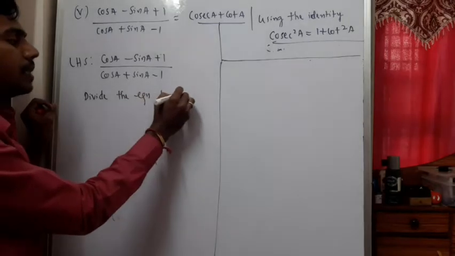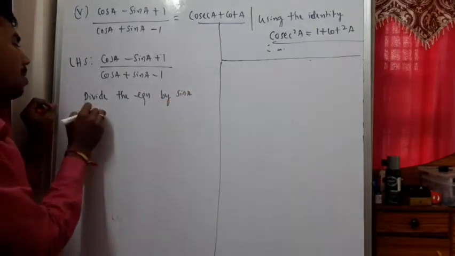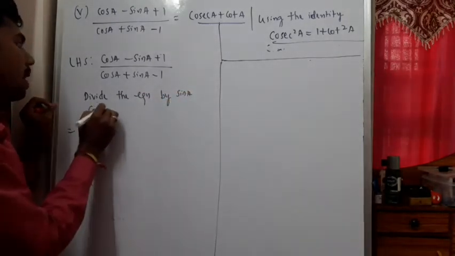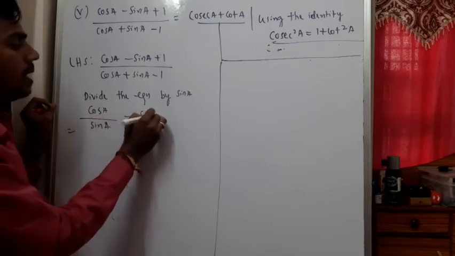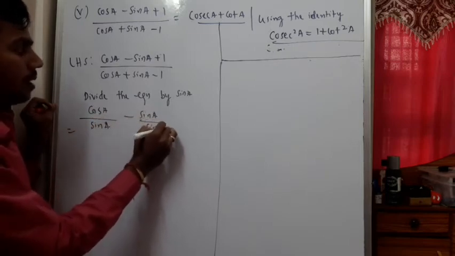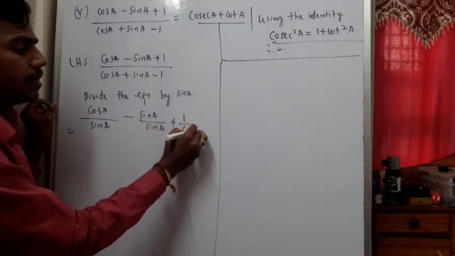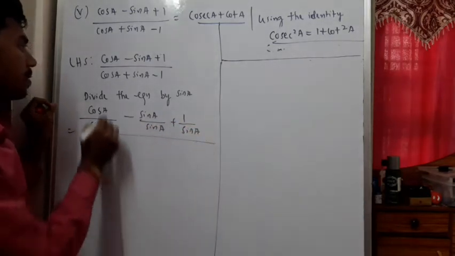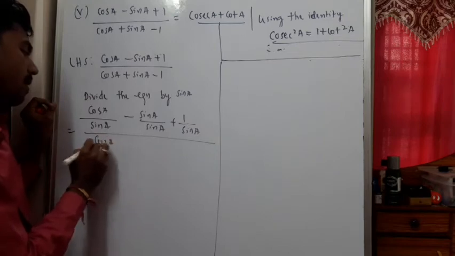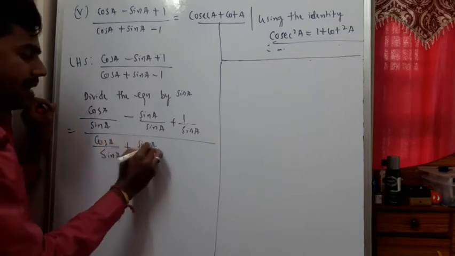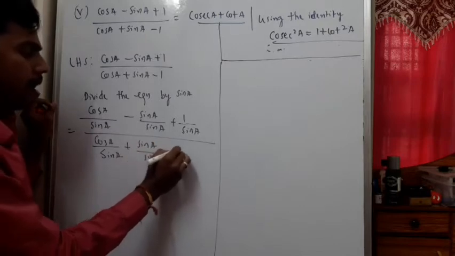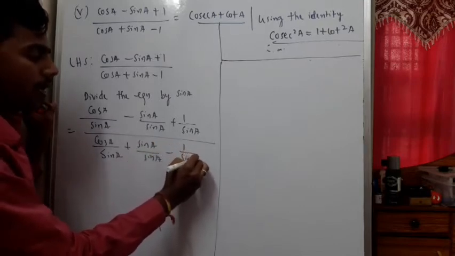Divide the equation by sin A. So then cos A will become cos A divided by sin A minus sin A divided by sin A plus 1 divided by sin A, divided by cos A divided by sin A plus sin A divided by sin A minus 1 divided by sin A. Fine.